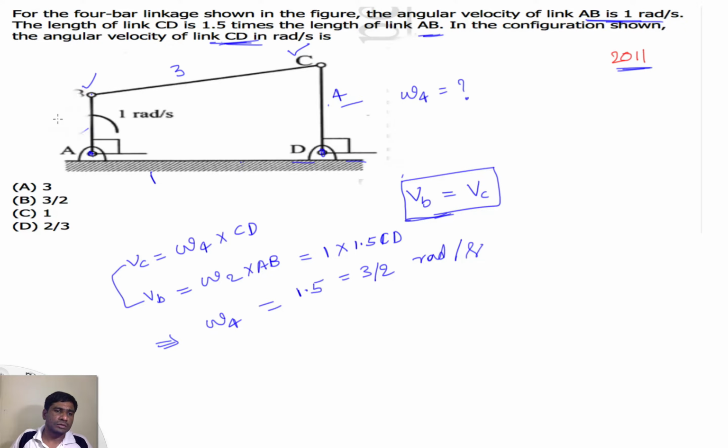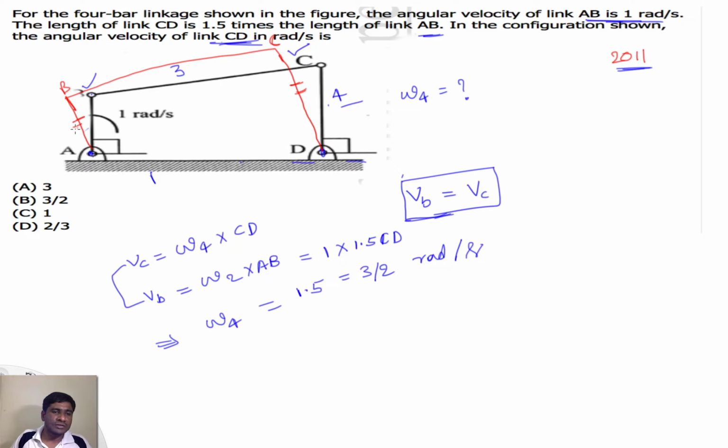For example, if the configuration is like this, even in this case also, the velocity of B equals the velocity of C, provided AB is parallel to CD.